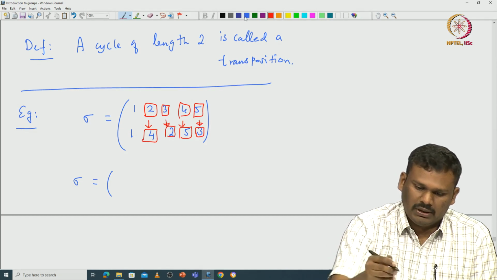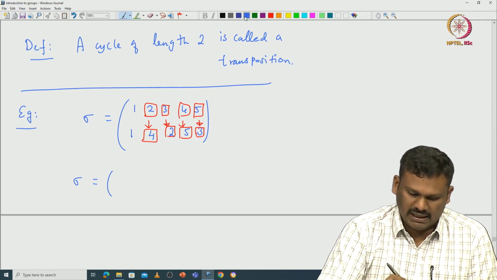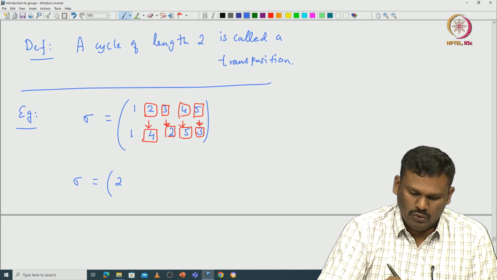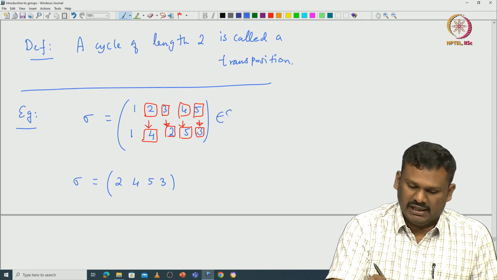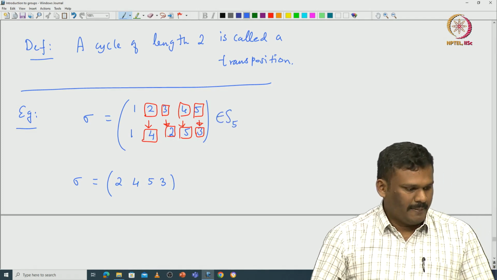In particular, this sigma is nothing but a cycle of length 4, (2 4 5 3). This is one example of a cycle in S5.